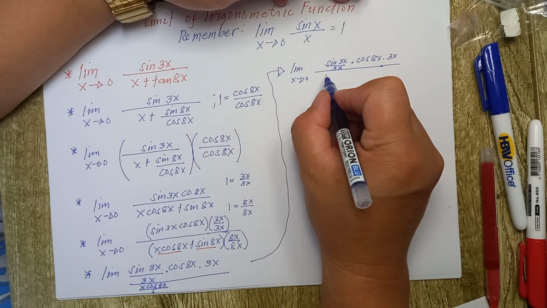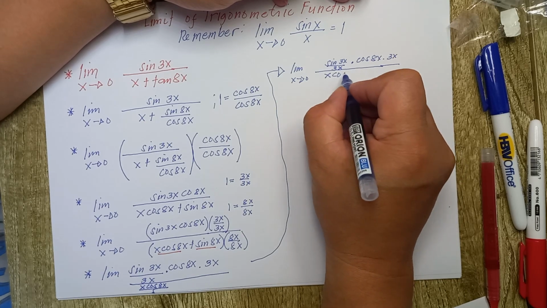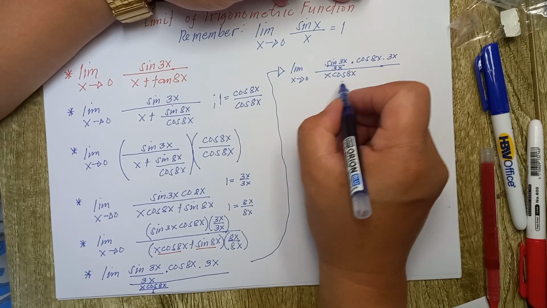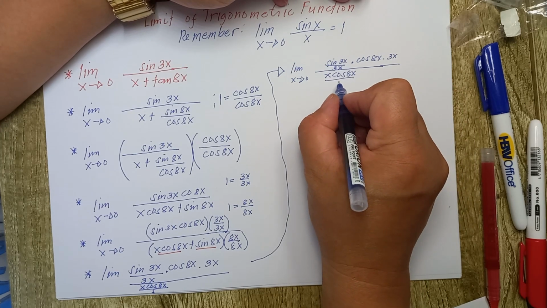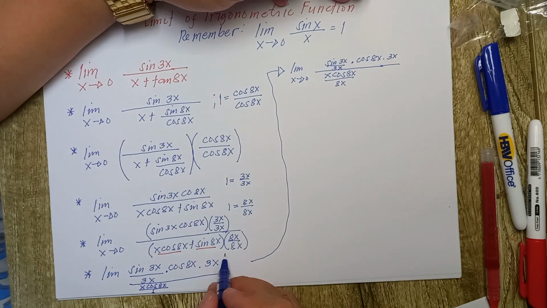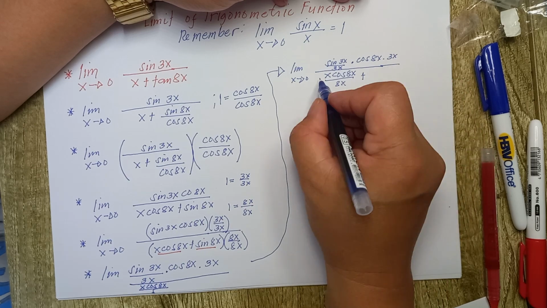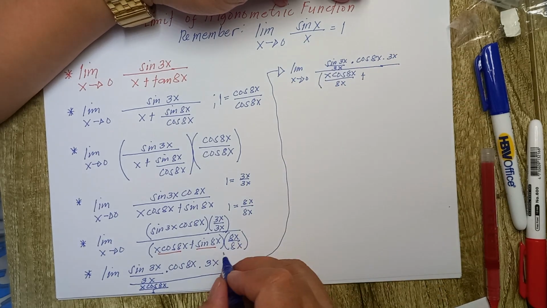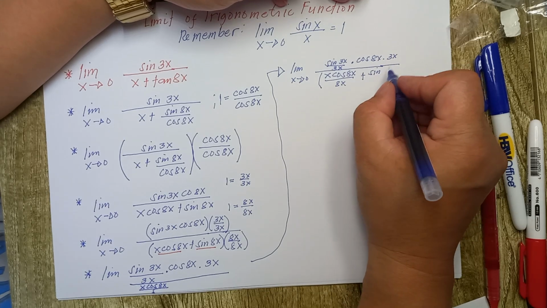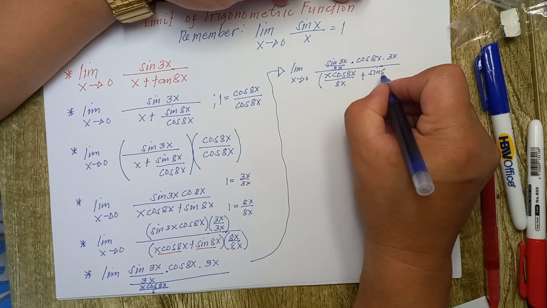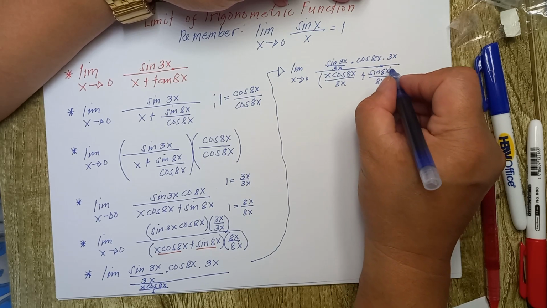So we have in here x cosine 8x divided by 8x, and plus we have in here sine 8x over 8x.